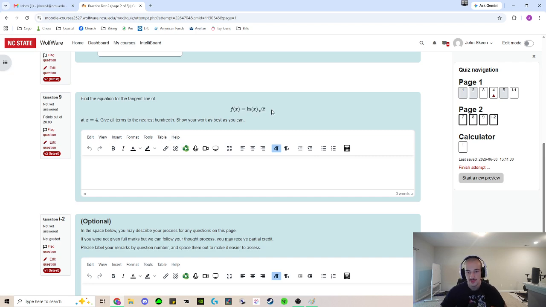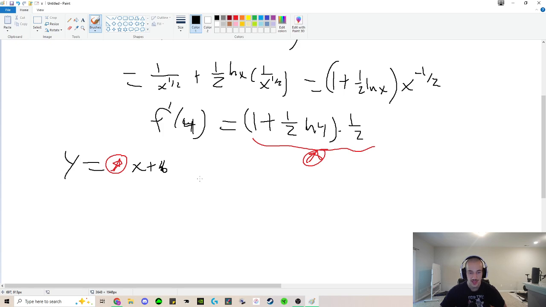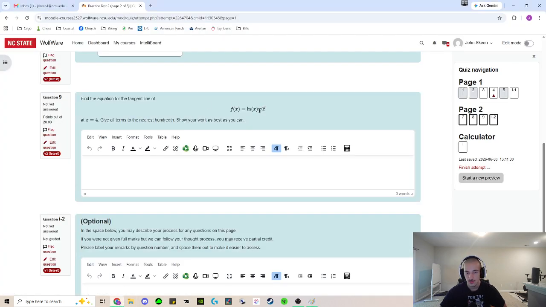And where's it intercept? Well, it's got to intercept this guy at x equals 4. So it has to intercept at 4 comma ln of 4 times root 4, which is 2, right? So 2 ln 4 is going to be our y value and x value is 4.